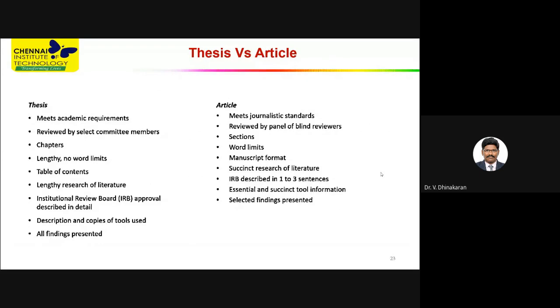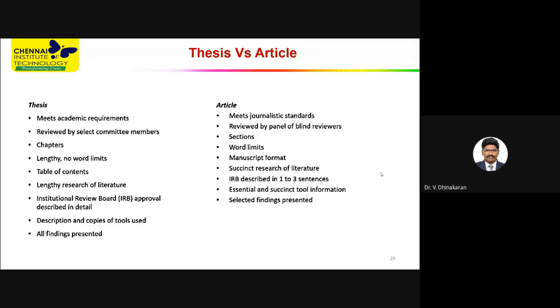So what is the difference between a thesis and an article? A thesis will meet your academic requirements. It will not have any page constraints, and it might contain a lot of chapters as prescribed by the university, whereas an article has page constraints.